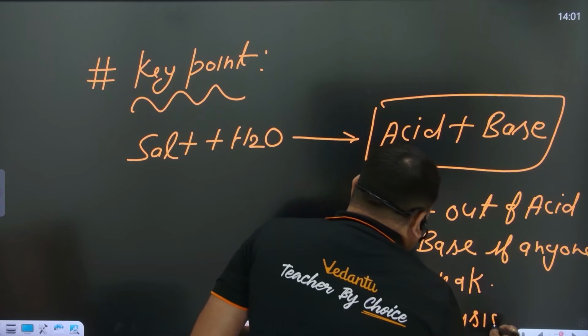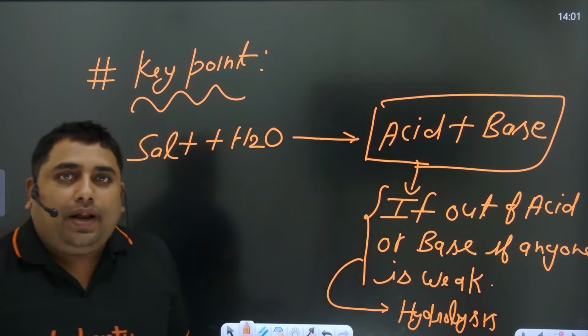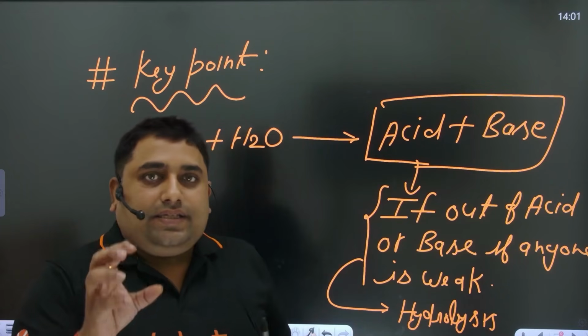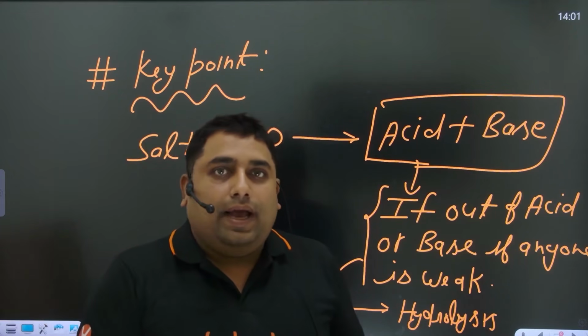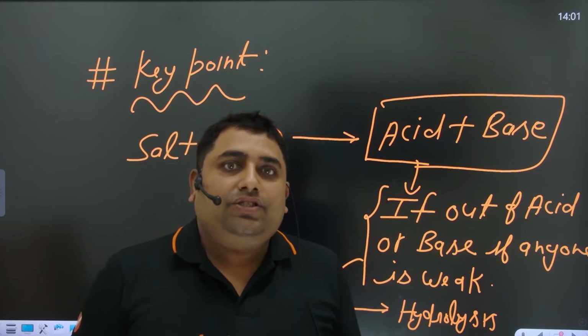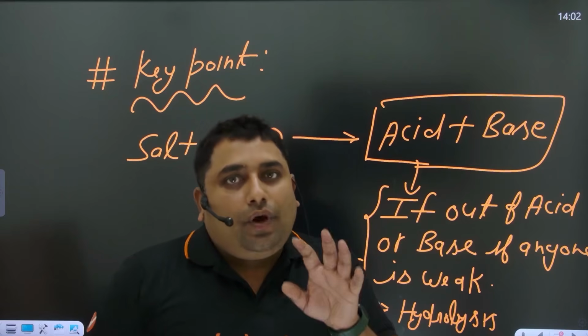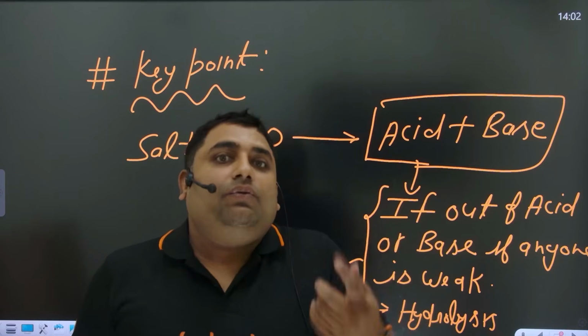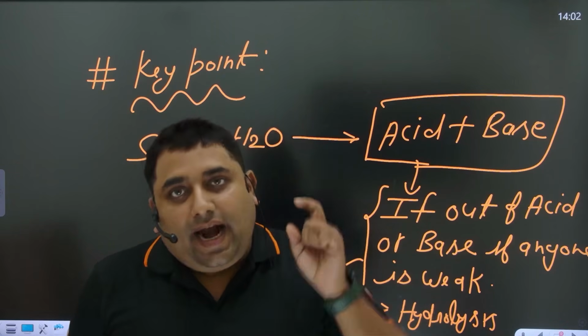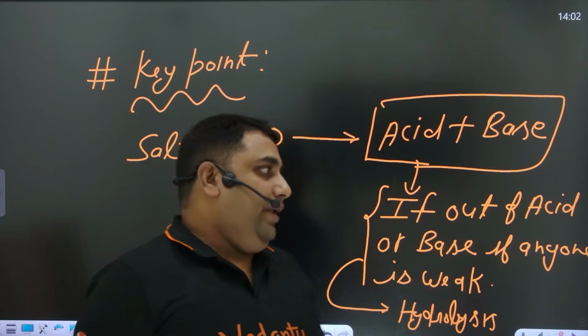So this is a simple condition you have to apply on a particular salt. A salt is given, you add the water molecule and one acid and one base molecule is obtained. Then you have to see if out of these two molecules at least any one molecule is weak, then in that salt hydrolysis is taking place.